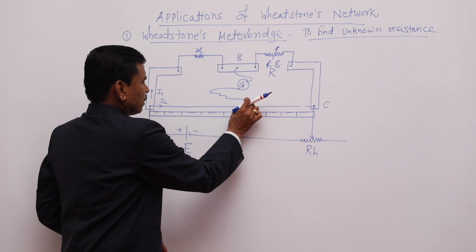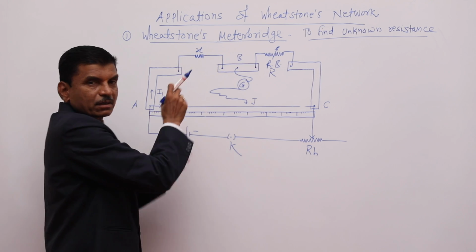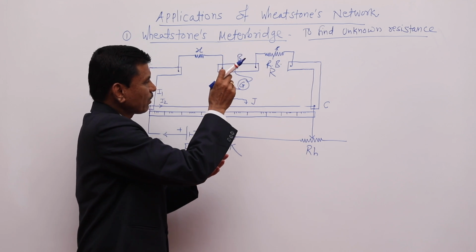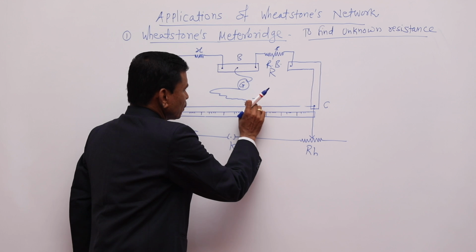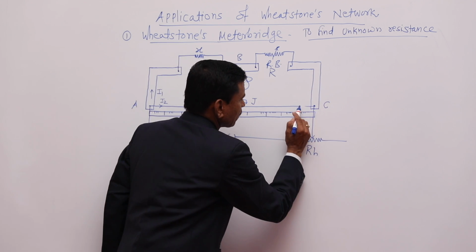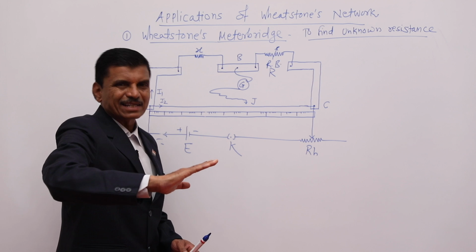Now disconnect the contact. As the contact is disconnected, the galvanometer will show zero deflection. Now touch the jockey to point C here. So the galvanometer will show full deflection to the other side.